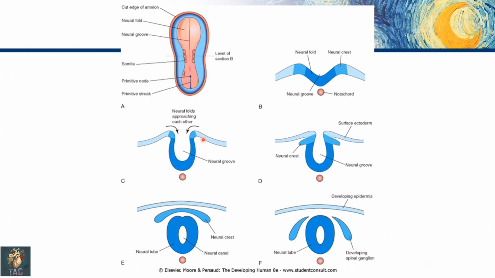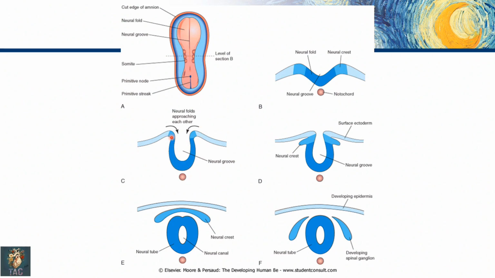So now we move on to the development of the neural crest cells. That is very important, and there are different factors which are also involved in the neural crest cells. So neural crest cells are formed at the dawn of the somite stage when the neural folds are still present but the neural tube has not closed itself.